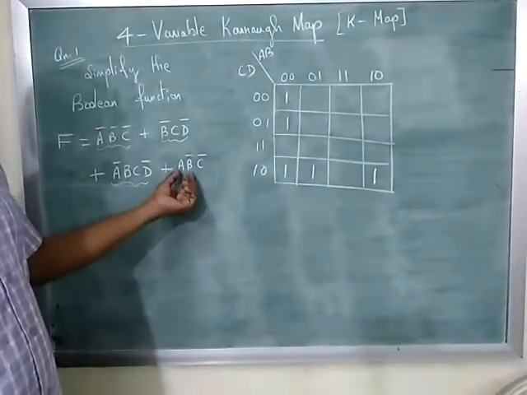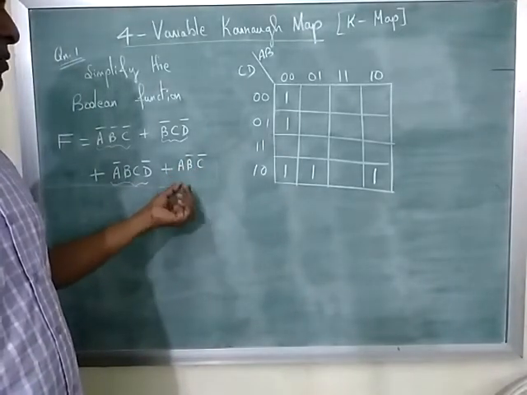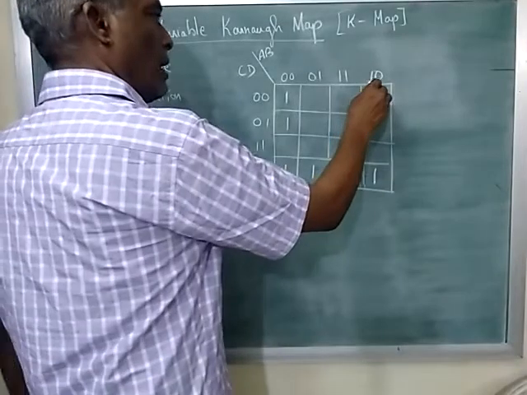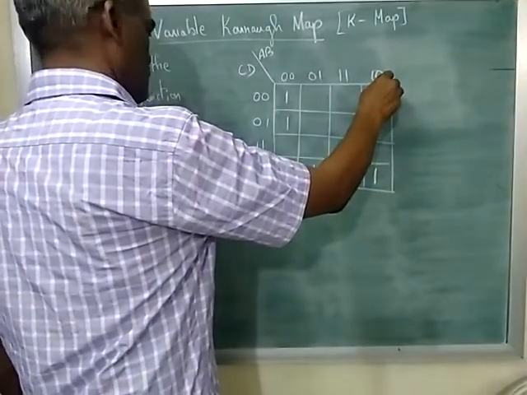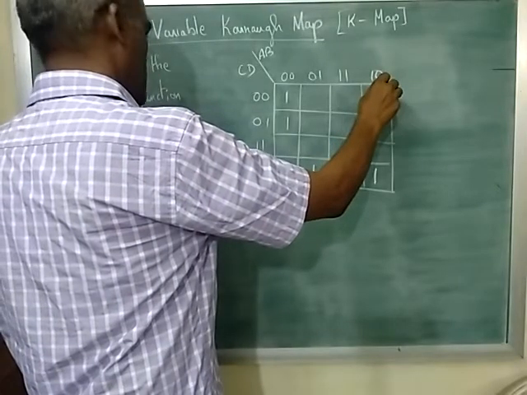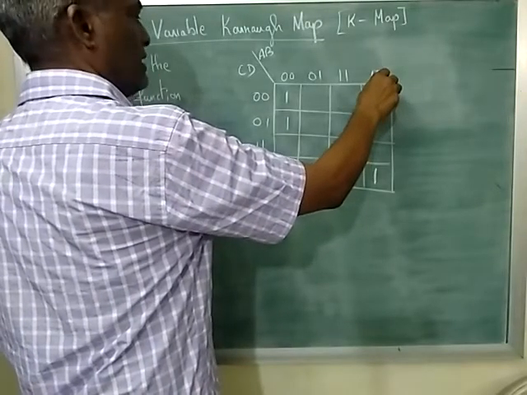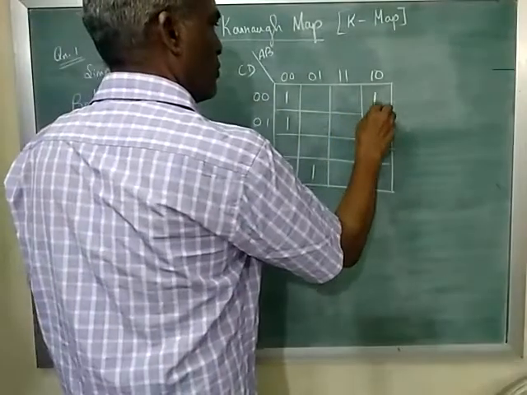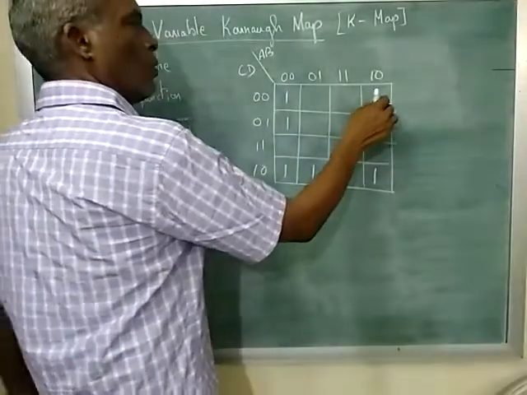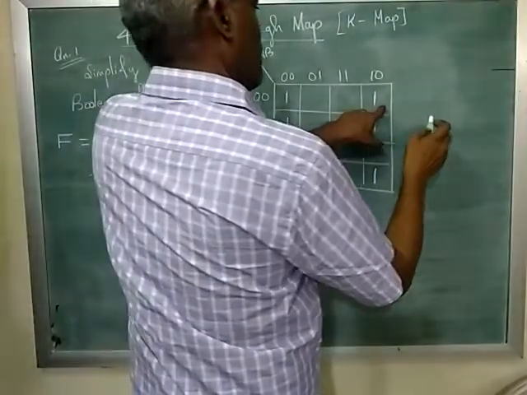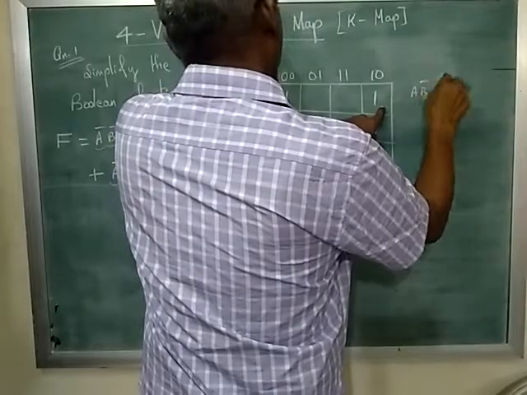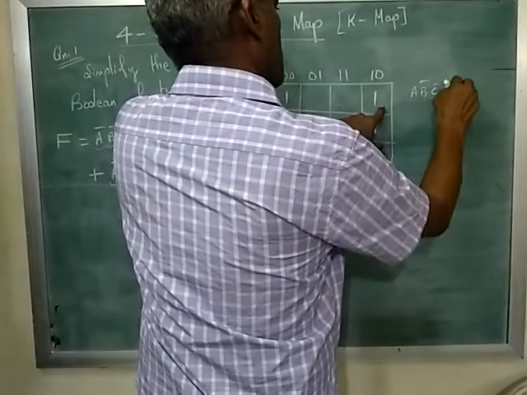Then we have A, B bar, C bar. Now if you carefully see, we need A, B bar. A, B bar is here. And we need only C bar. C bar is in these 2 columns. So if you put 1, 1 here, what is the term? It is A, B bar, then C bar, D bar, the first term.